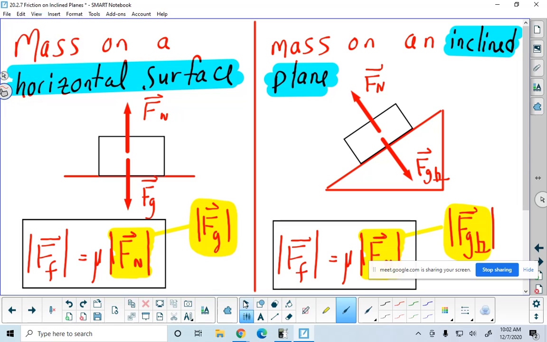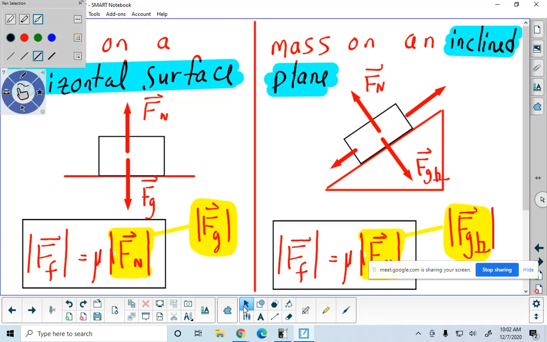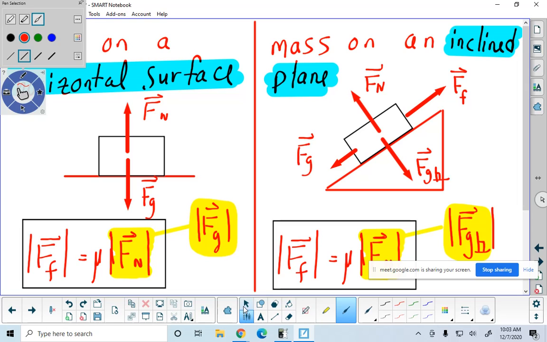We also have a force of friction, and a force of gravity parallel to the ramp, and I'm going to discuss the lengths of those in a second. So this is the force of friction, and this is the force of gravity parallel to the ramp.